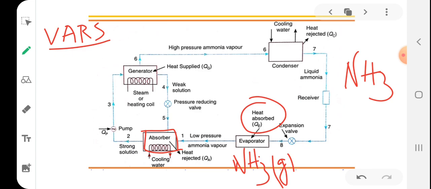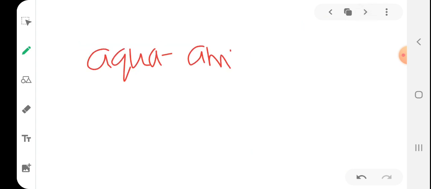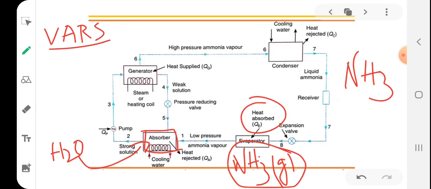In the absorber there will be an absorbent, here it is water. So water is present in the absorber, which absorbs NH3 gas to form an aqua ammonia solution. So what happens in the absorber?